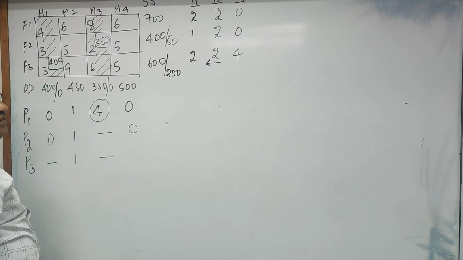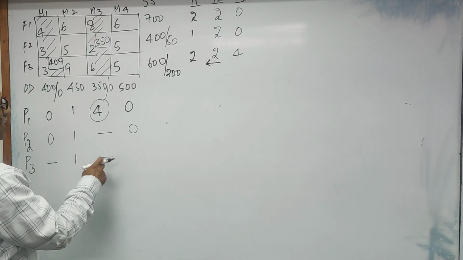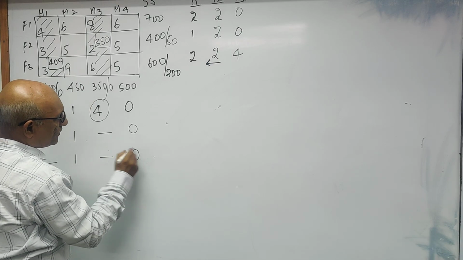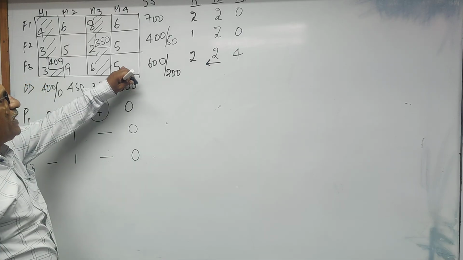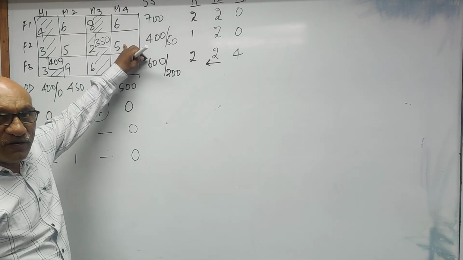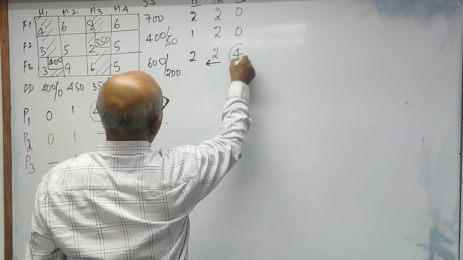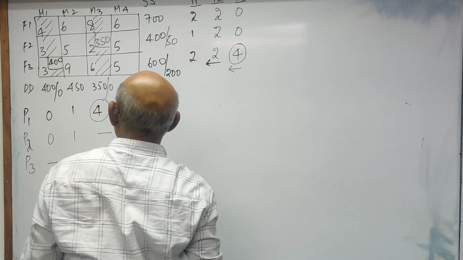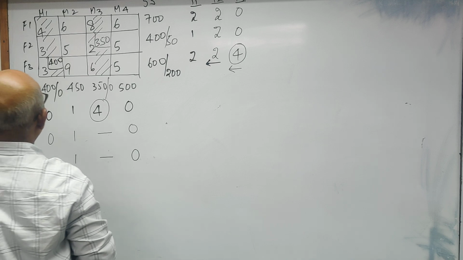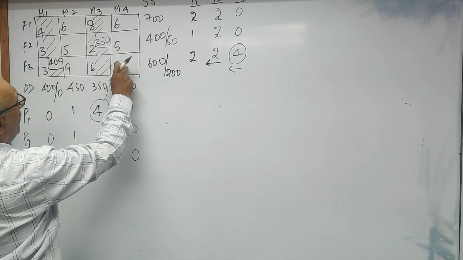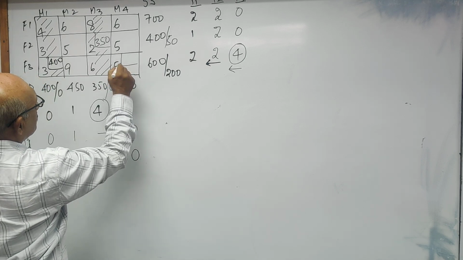Third market requirement is satisfied, penalty is not required. For fourth market 5 and 5 difference is 0. Now 4 is the maximum penalty. Corresponding to this 4, 5 is the least value.